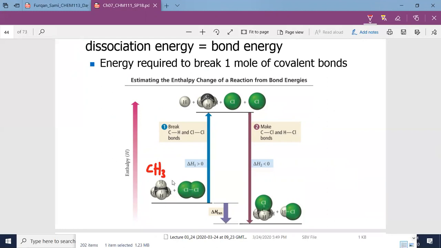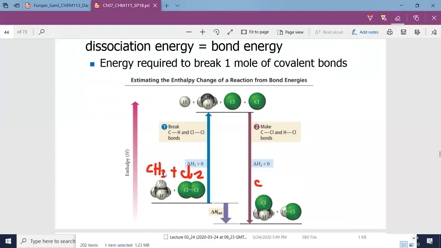When any reaction happens, this diagram is showing us the estimation of enthalpy change for a reaction from bond energy. So we can calculate that. This is Cl2 here, diatomic chlorine. This is the reaction, and after the reaction is done, we get CH3Cl. Sorry, this was not CH3, I'm very sorry.